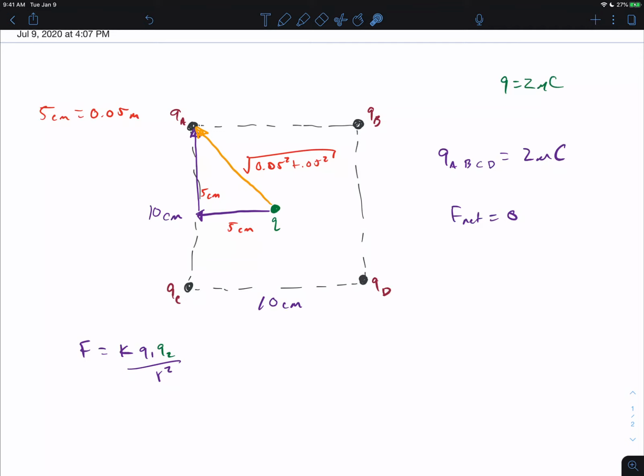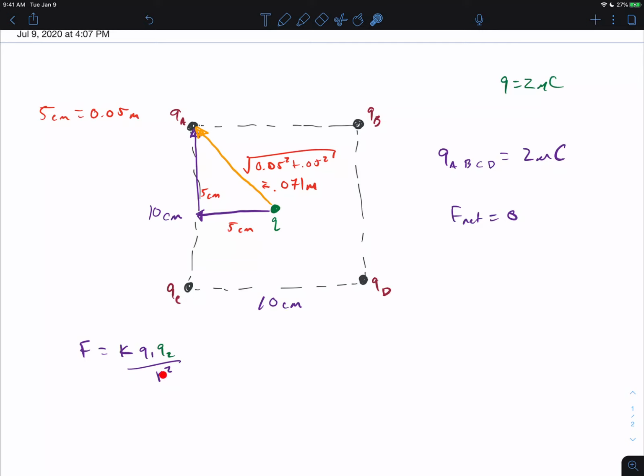So we get 0.0707. I'm going to go ahead and put this as 0.071 meters. So this should be my value for R for all four of these throughout the entire problem, right?